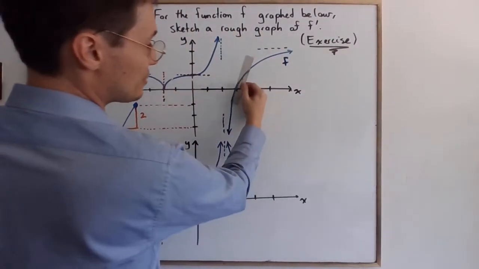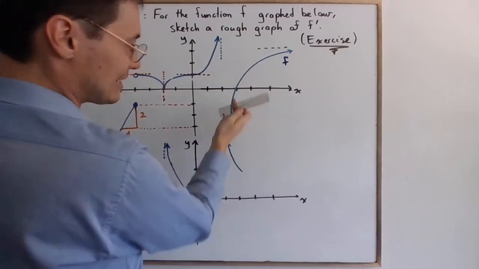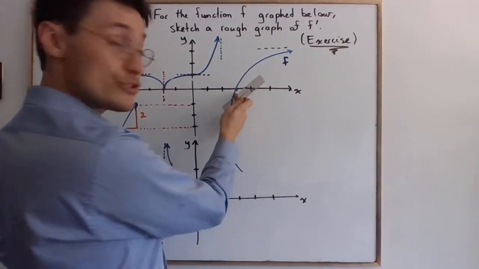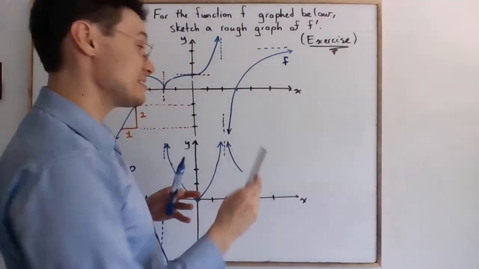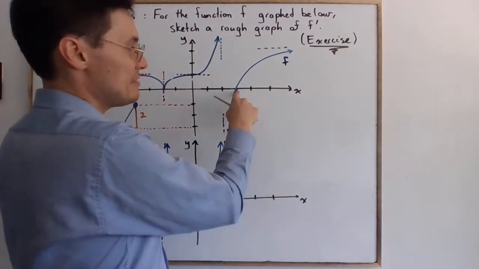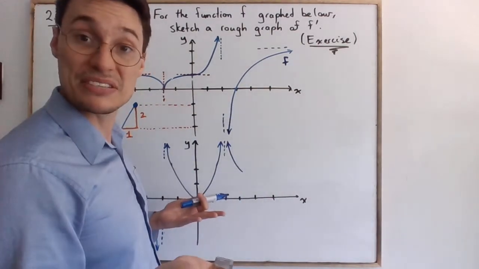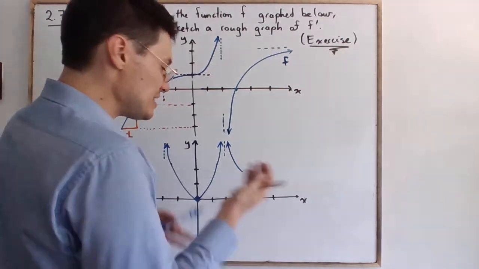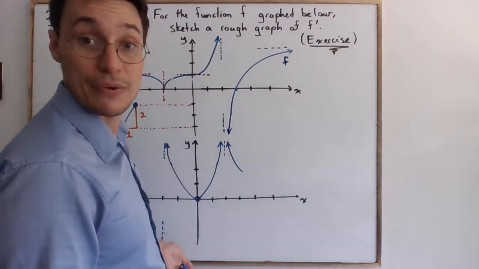So again, here, the derivative is positive. Notice that at 3, there's nothing special happening. This is just a trap I like to put. Even if the graph is crossing 0, it doesn't mean anything particular about the derivative.